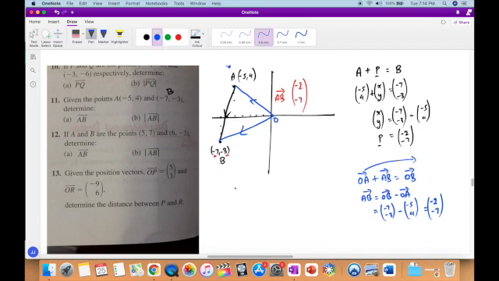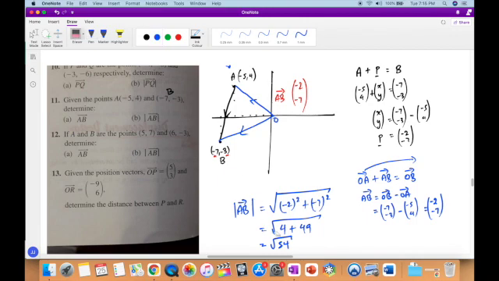And now it's simply to work out the modulus of AB, which is the square root of (-2) squared plus (-7) squared, which is the square root of 4 plus 49, which is the square root of 53.